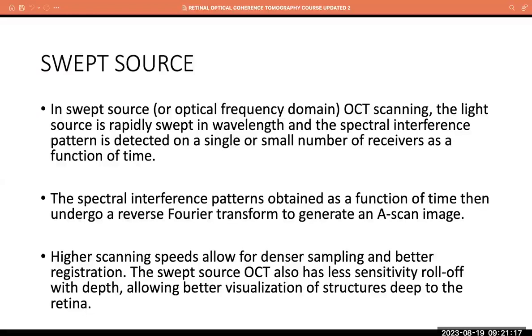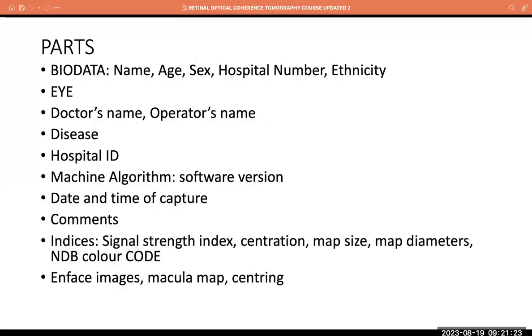So let's get into the practicals. The understanding I intend to make available is: if given an OCT printout, what should you do? Where should you look? And what would you be expected to know about it? This is equivalent to every other investigation in terms of a few parameters.